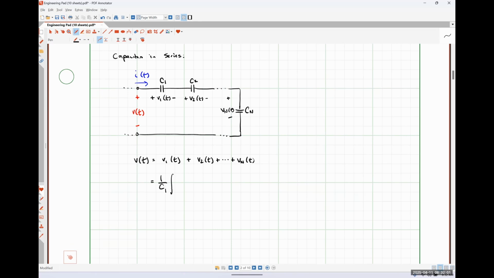C1 times the integral from negative infinity to t of I of t prime dt prime plus 1 over C2 times the integral from negative infinity to t of I of t prime dt prime all the way out to 1 over C sub n times the integral from negative infinity to t of I of t prime dt prime.